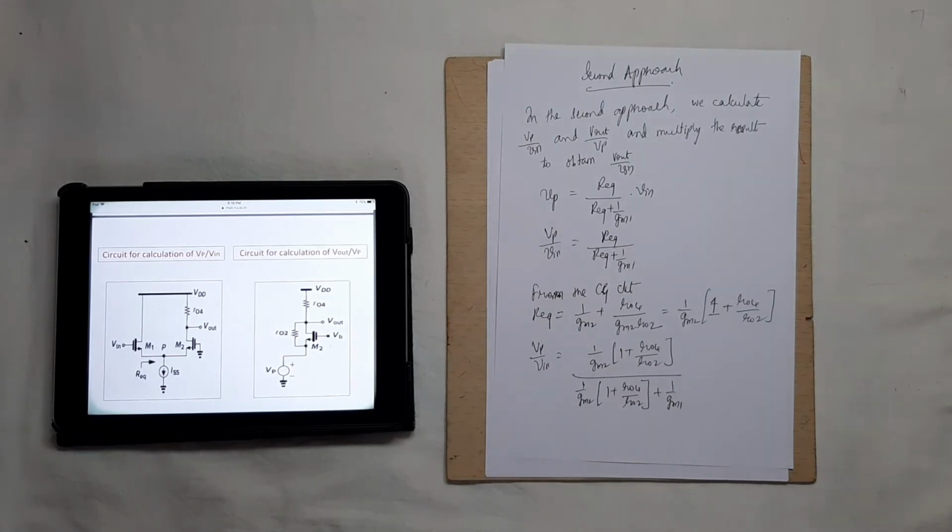Simplify this expression. Here we consider 1 by GM2 is equal to 1 upon GM1.